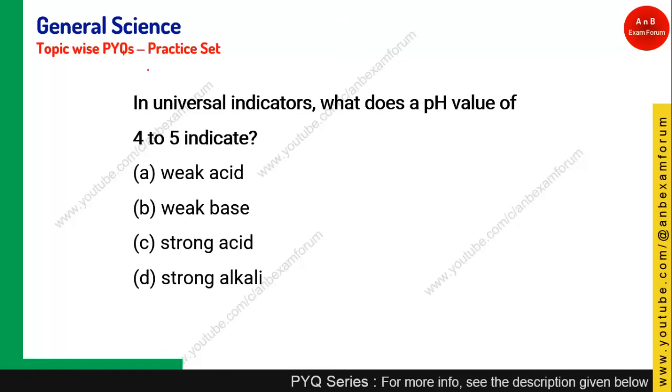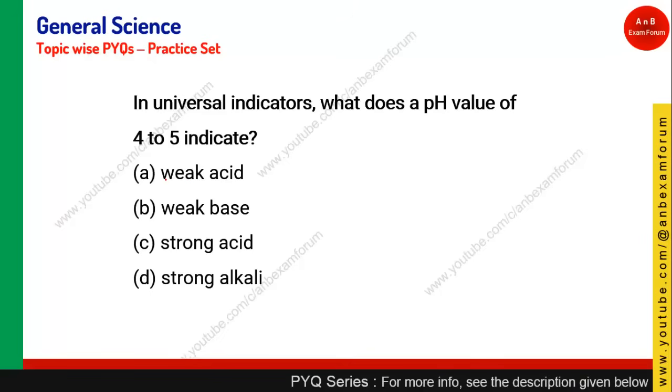In universal indicator, what does a pH value of 4 to 5 indicate? In universal indicator, a pH value of 4 to 5 indicates a weak acid.